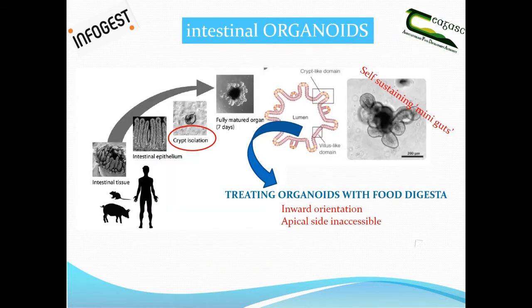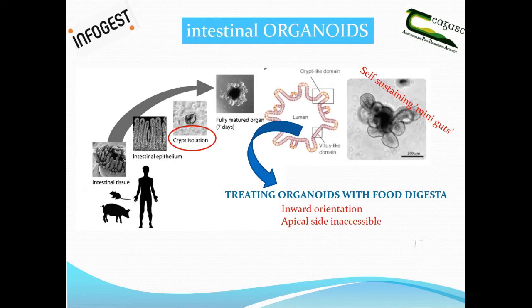So next, then, there is the intestinal organoids, and these are self-sustaining mini-guts. And so what they really start with is that intestinal tissue is taken from the human, the rat, or the pig, and from there you isolate the crypts. And these crypts can be fully matured then over a 7-day period until finally they become self-sustaining mini-guts.